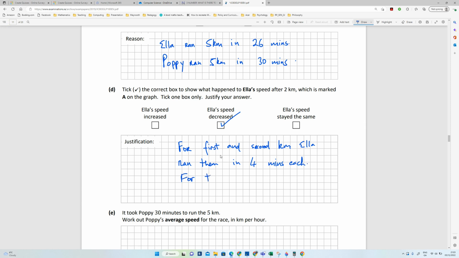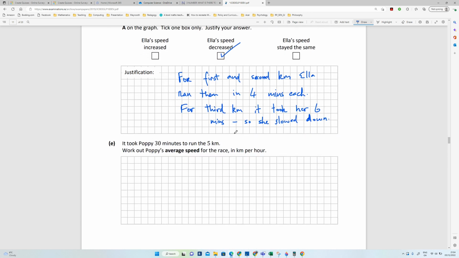For third kilometer, it took her 6 minutes. So she slowed down. So that's all you need. You don't even need to have it as long as what I have written out there, but you just need to justify why you're saying that she decreased her speed.